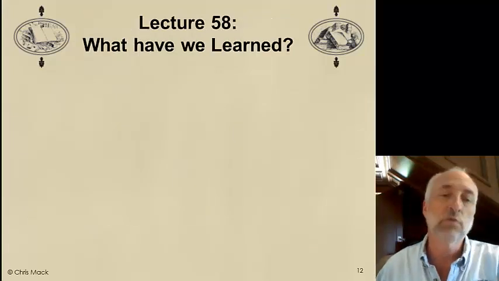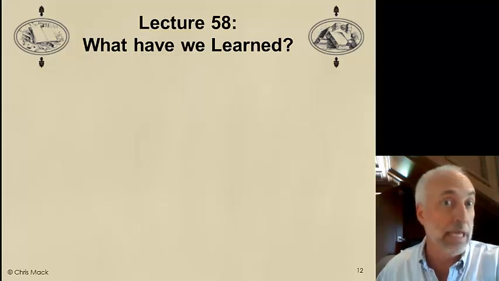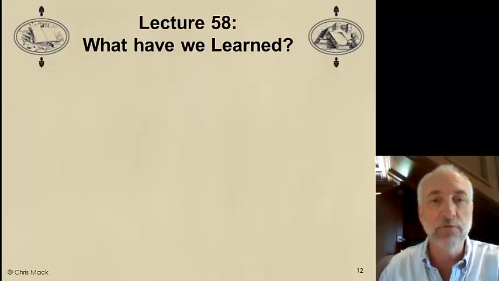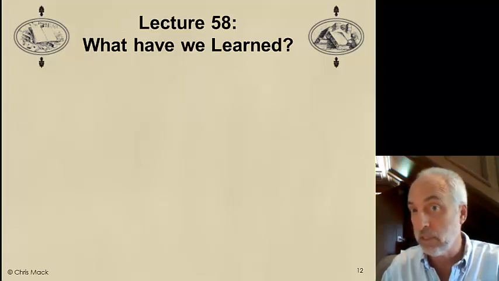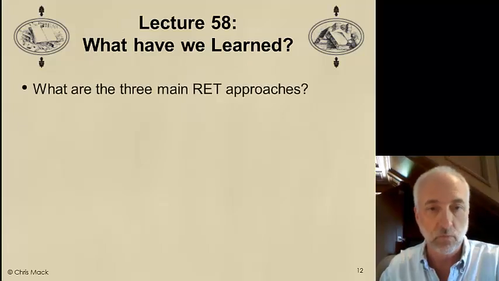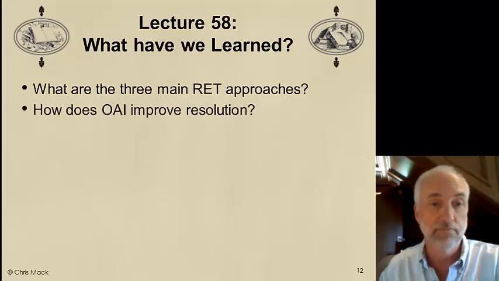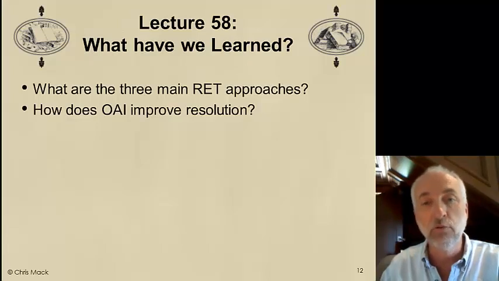All right, we've looked at 2 more types of resolution enhancement technologies. Let's review what we have learned. As always, you should be able to quickly and easily answer these questions. If not, you need to go back and review the material. What are the 3 main RET approaches? How does off-axis illumination improve resolution?